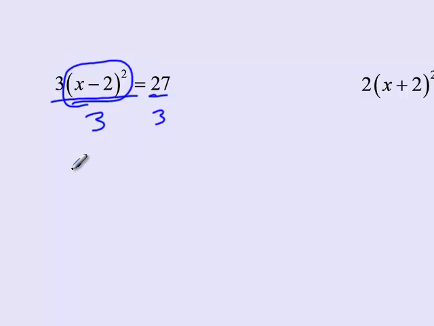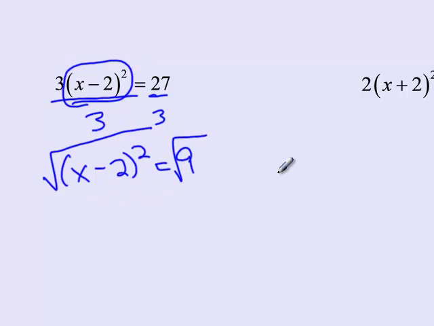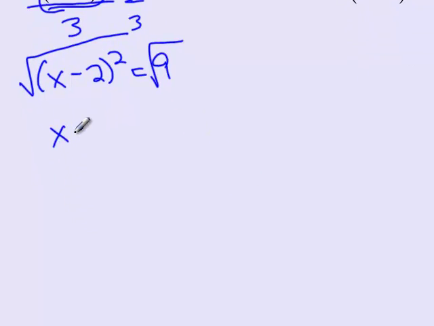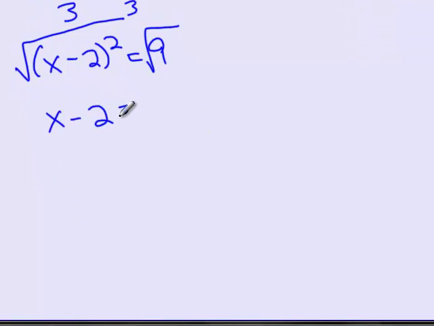When I do this, I get x minus 2 squared equals 9. Well, how do I undo the square? Square root. Square root the left side, square root the right side. And what I get then is x minus 2 equals plus or minus the square root of 9, which is 3.